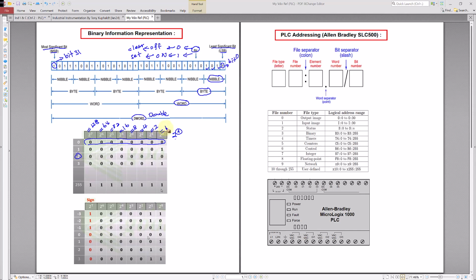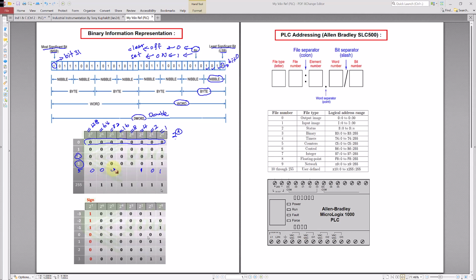So 2 plus 1 plus 0 equals 3. How about this one? Let's say it's 1 0 1. This 1 is equivalent to the decimal value 1, and this 1 is equal to the decimal value 4. So 4 plus 1 is equal to 5.